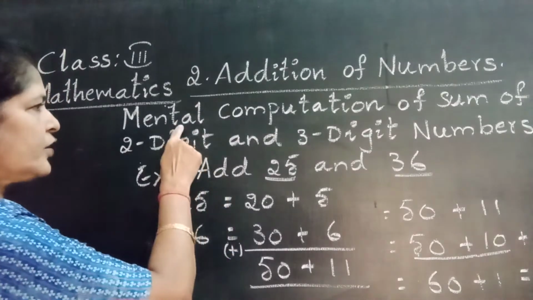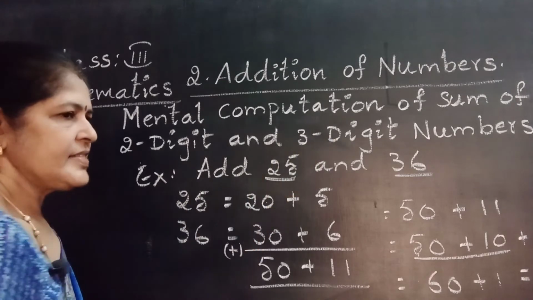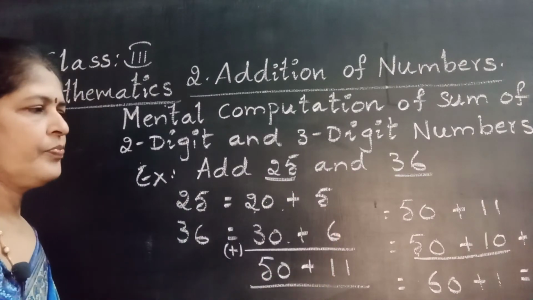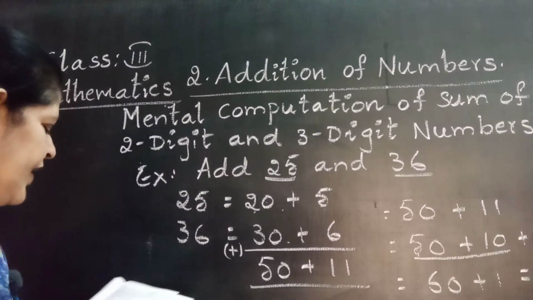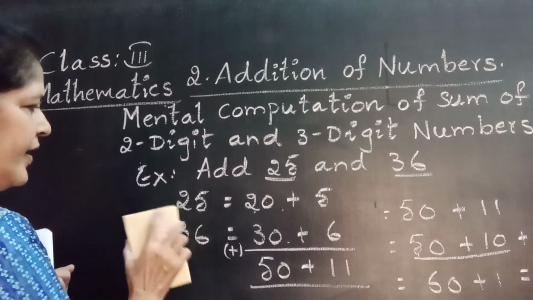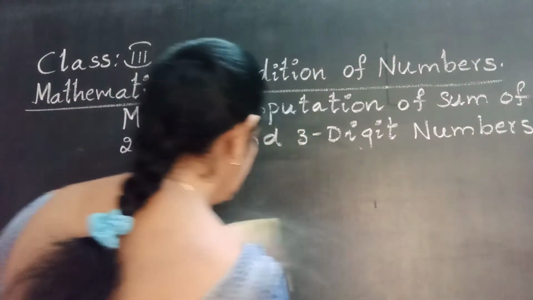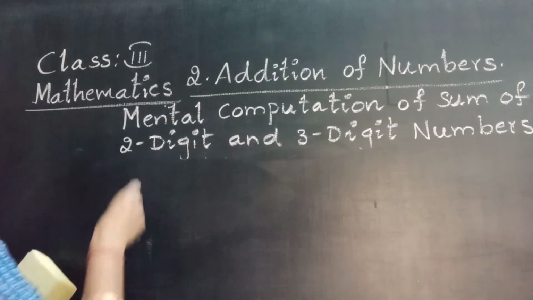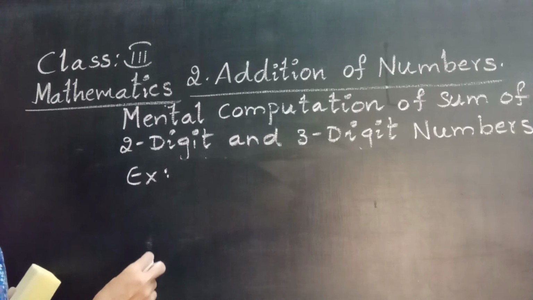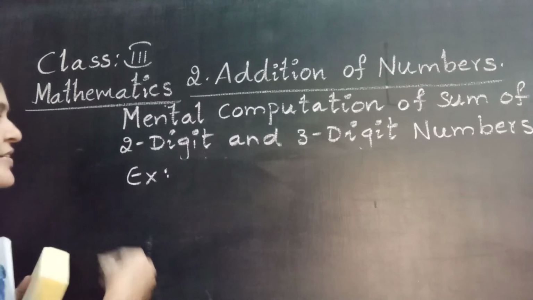Mental computation of sum of 2-digit and 3-digit numbers means here we are going to use expanded form of the numbers and then add. Another example with 2-digit numbers.